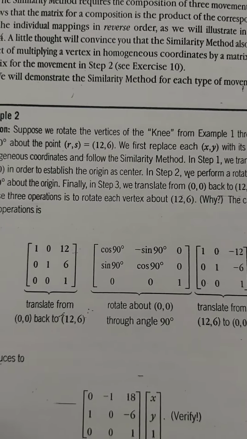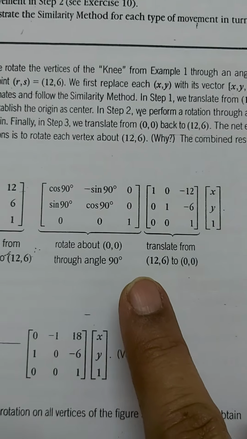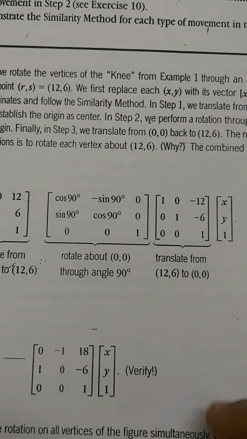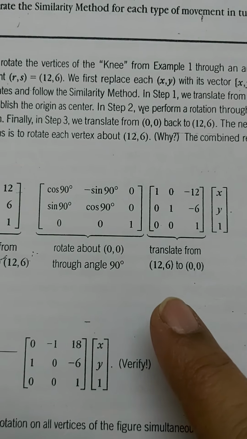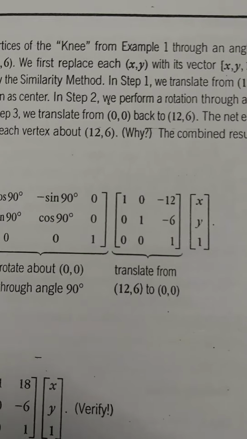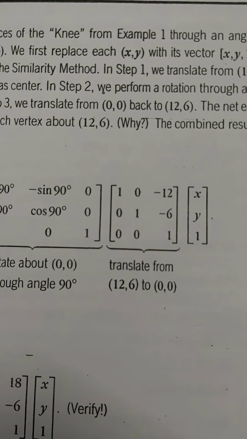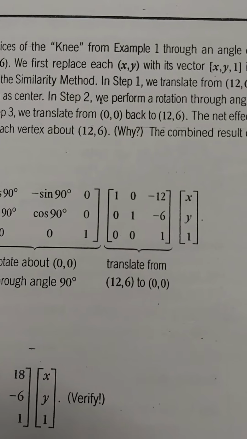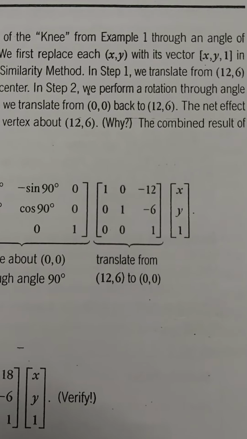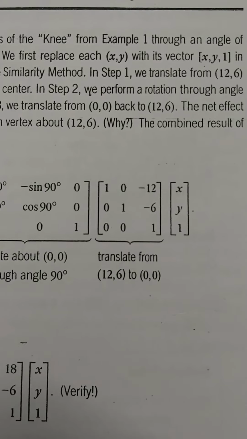So first, the rotation is about the point 12, 6, so we will translate 12, 6 to 0, 0. For this we use the matrix of translation by minus 12 and minus 6. We want 12, 6 to translate to 0, 0.